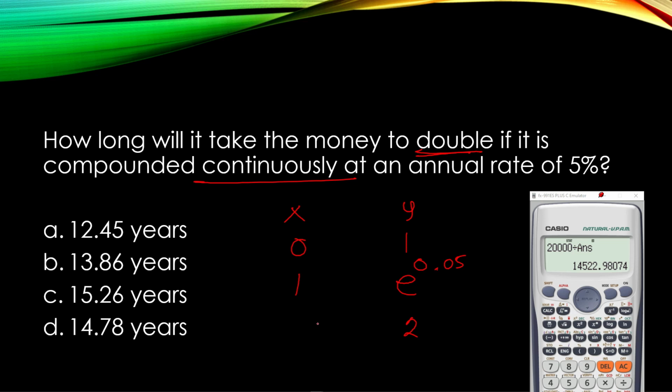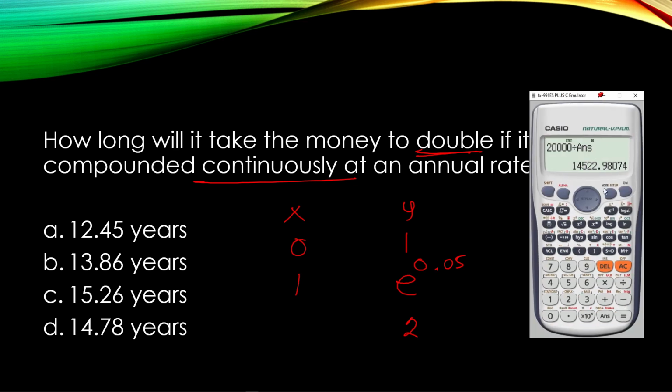So, we have mode 3, 6, 0, 1, and then 1, then e raised to the power of 0.05. Then, I solve for x hat, given that our y hat is 2.